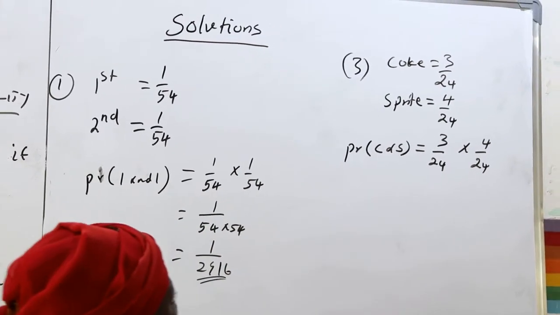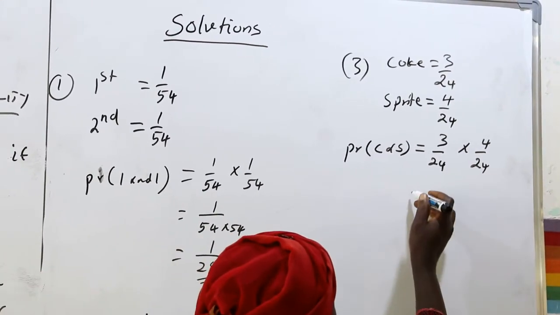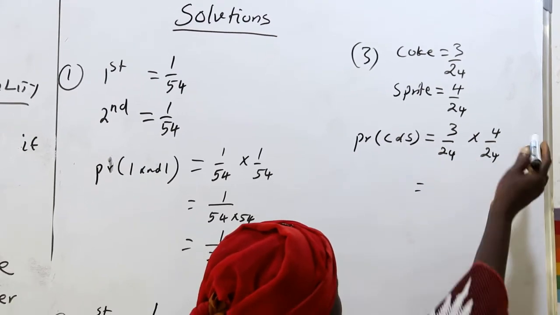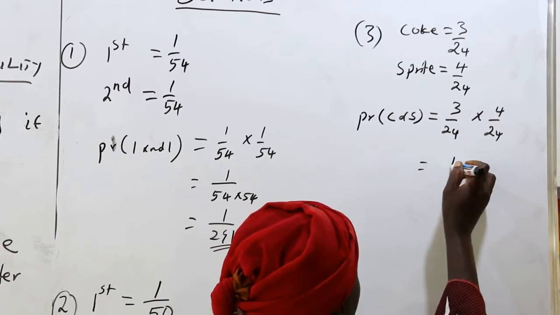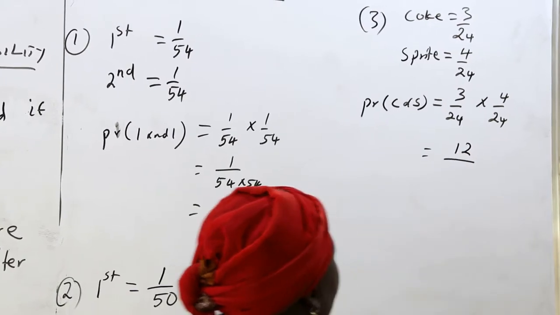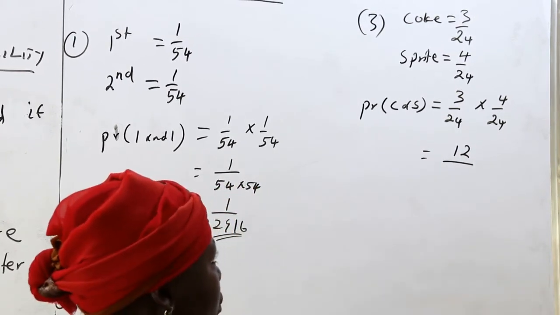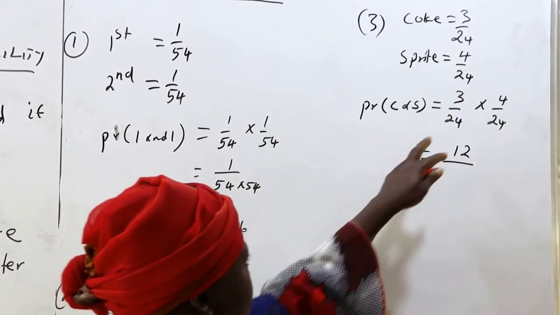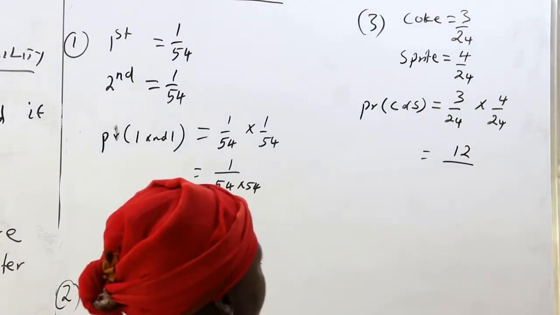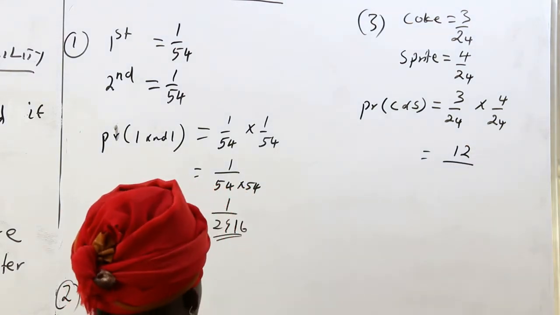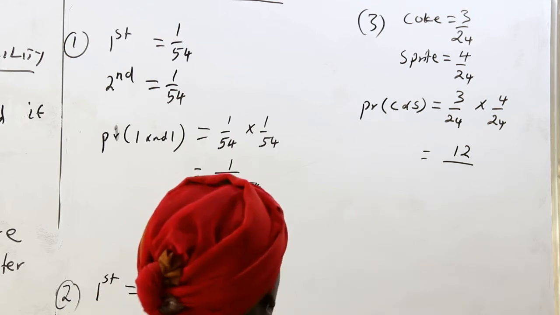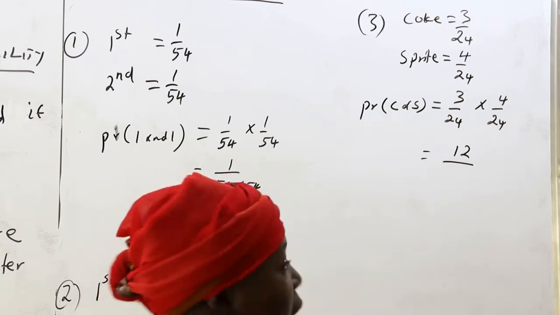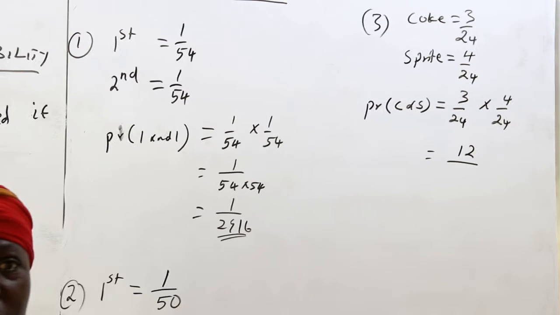Okay? So this one you can say 3 times 4, you have 12 over 24 times 24, which you will do the same thing with what we did with these ones. We did our traditional multiplication.